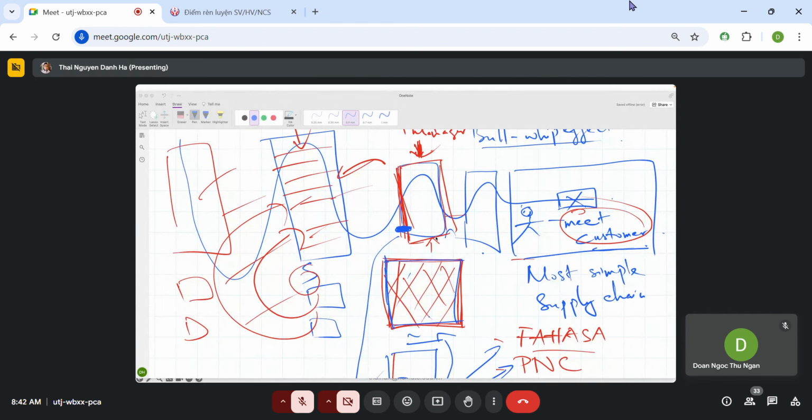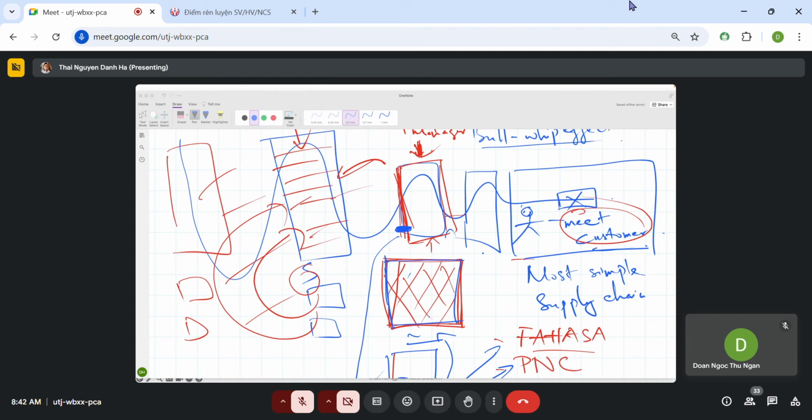The next technique, or next chain, that is also used in the supply chain system is the VMI, vendor managed inventory. The vendor managed inventory is the system of Walmart in the USA.